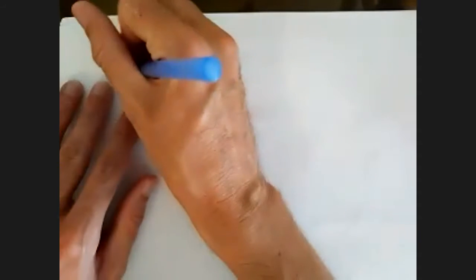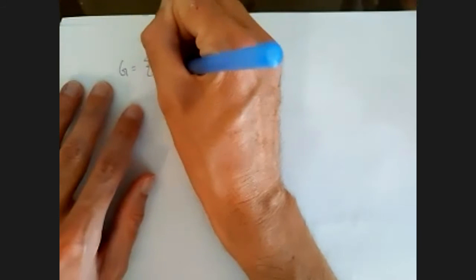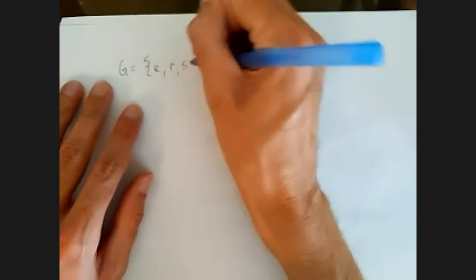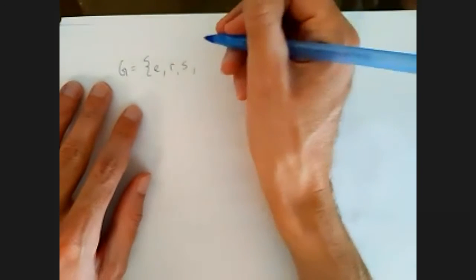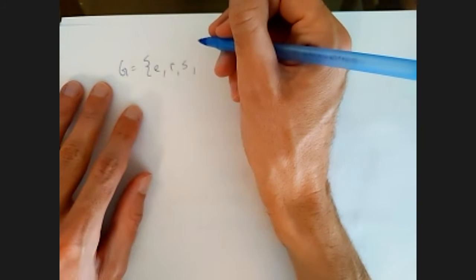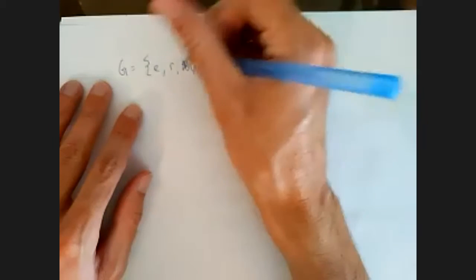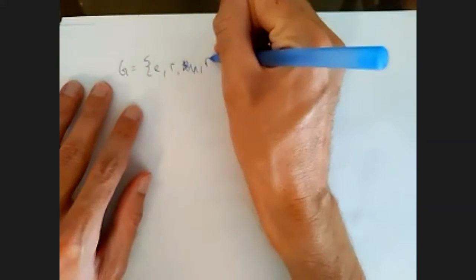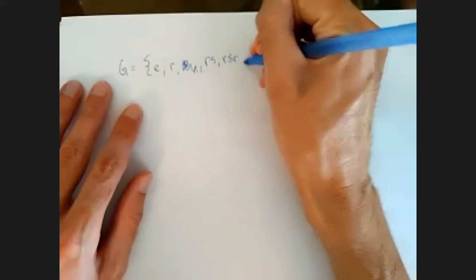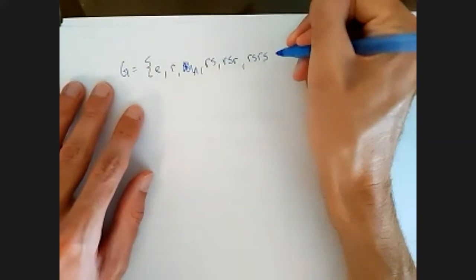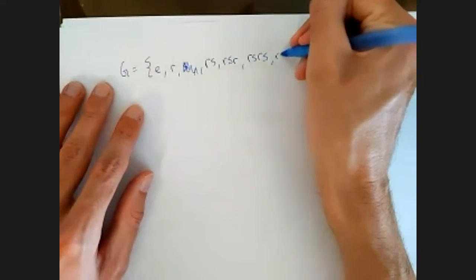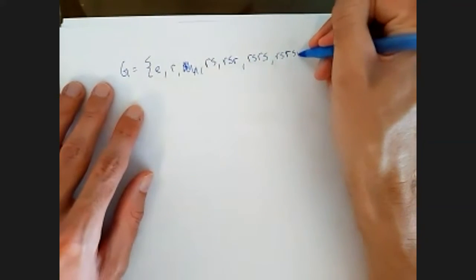Instead of giving you generators and relations for G and D4, I could tell you all the elements of G and all the elements of D4. So it turns out the elements of G are the identity, R, RS, RSR, RSRS, RSRSR, and so on.